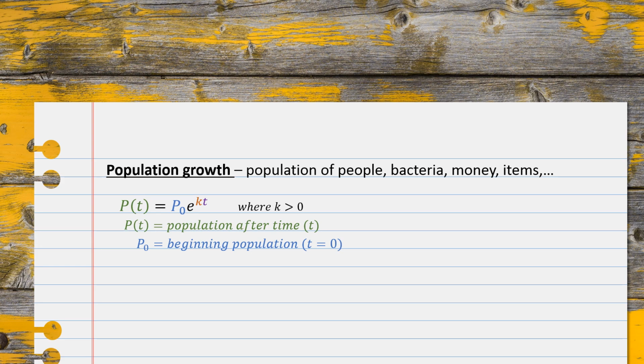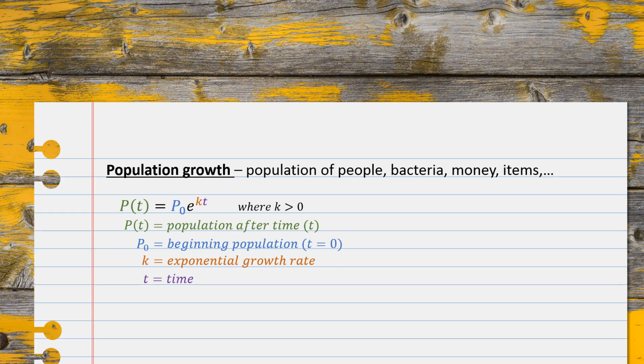Now E. E is its own value. Remember, E is that 2.718. So we never plug a value in for E because it is its own value. Now K is known as the exponential growth rate. Since it is a rate, it is usually represented by a percent. But when you plug it into the equation, again, it must be in decimal form.